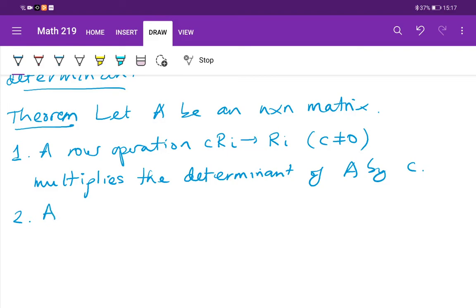So type 2 is when we interchange 2 rows.